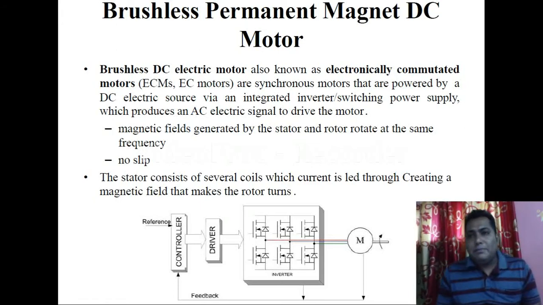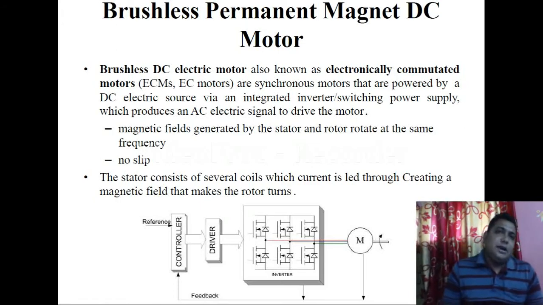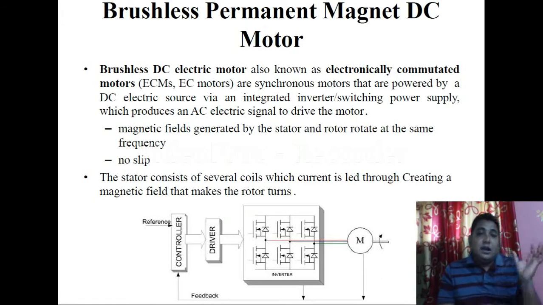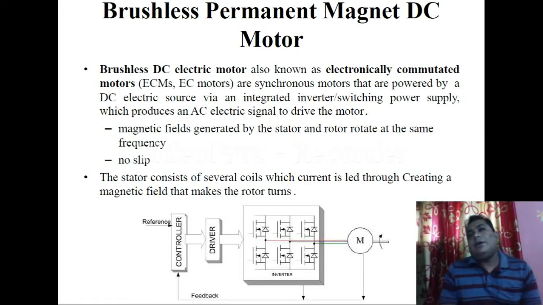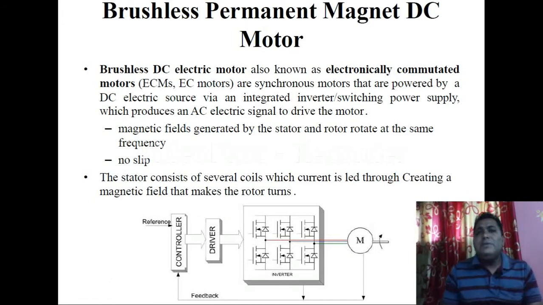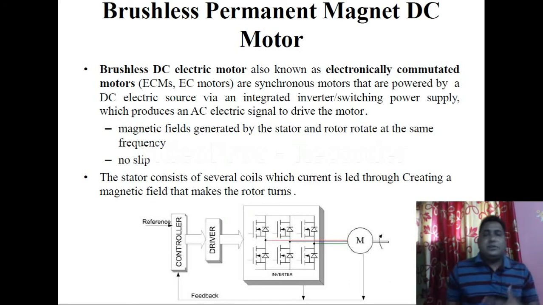Over the rotor we have some permanent magnets, and over the stator we have some winding that will be supplied by a DC source through some electronic circuit, which is not a rectifier, it is an inverter unit, which is converting that DC source into an AC source.